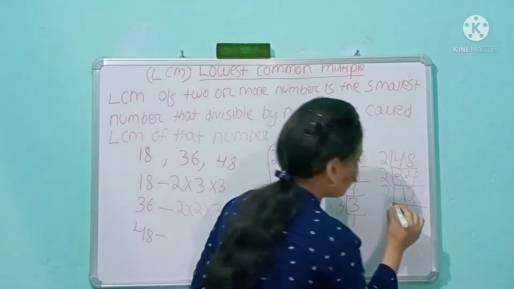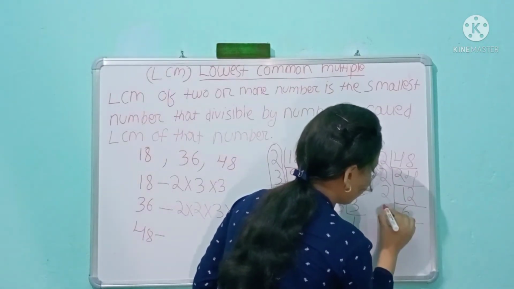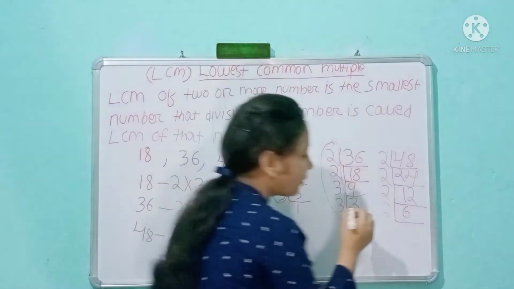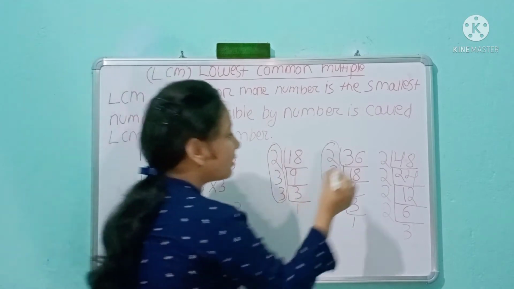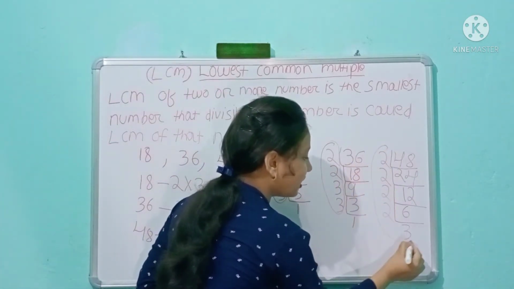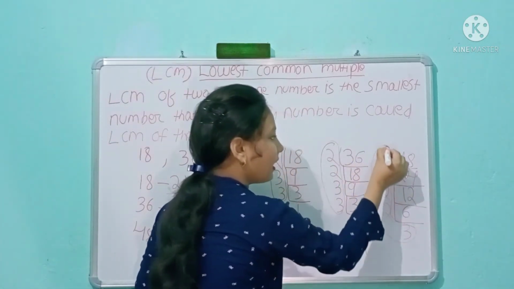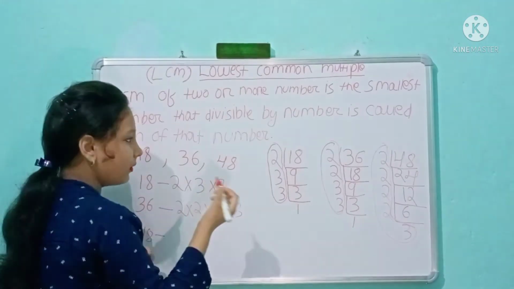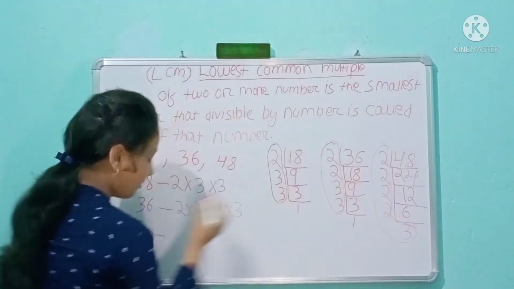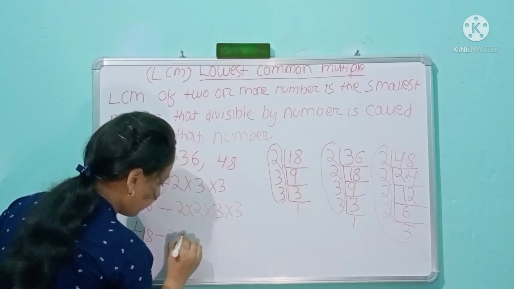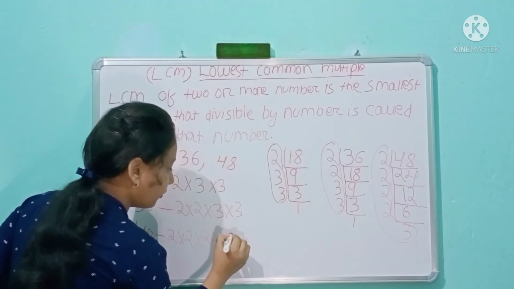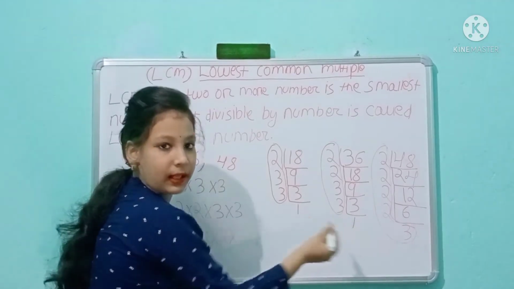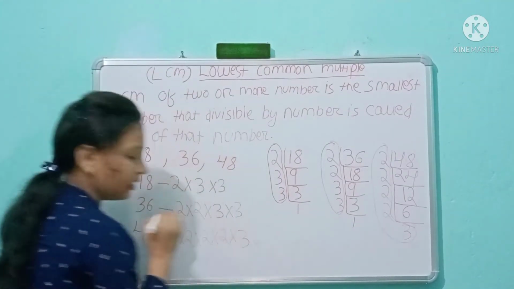Clear? Then divided by 2. 2 3s are 6. Clear? So these are the prime factors of the number 48. So here 2 is 4 times, so I write here 2 into 2 into 2 into 2, and 3 is 1 time, so I write here 3.